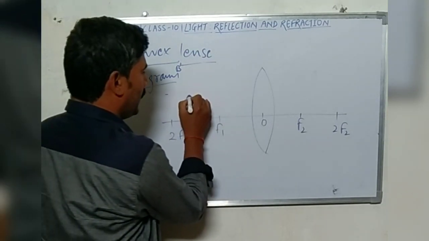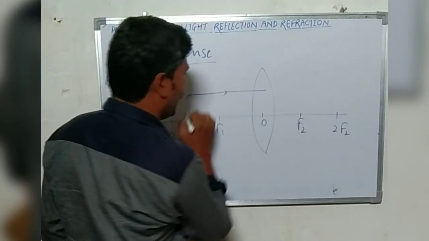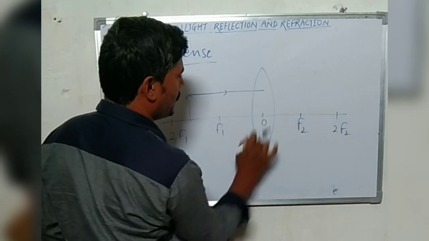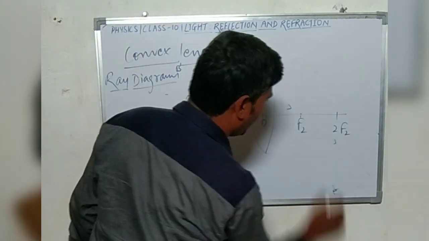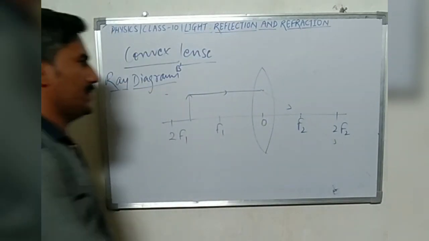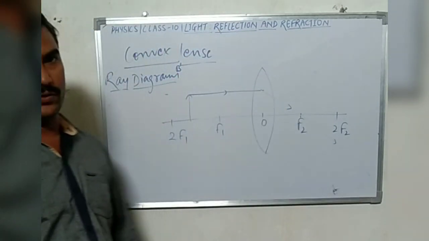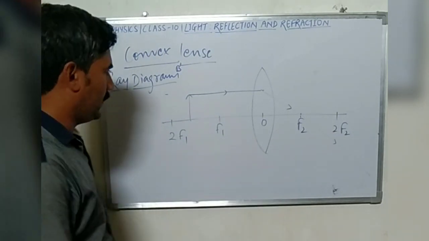Now the ray coming parallel to the principal axis converges to a point F2. After getting converged, it passes through the principal focus, that is F2.